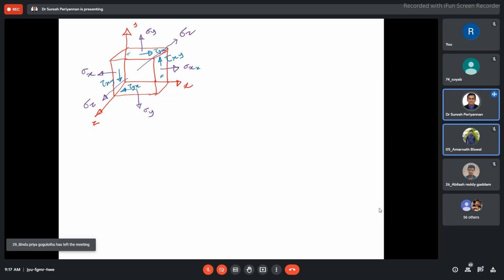Then if you cover all the faces, you can write 9 components. What are the 9 components? Sigma xx, sigma yy, sigma zz.